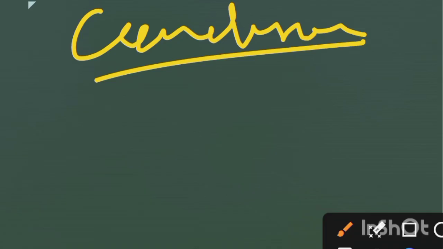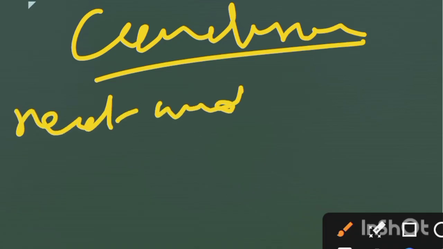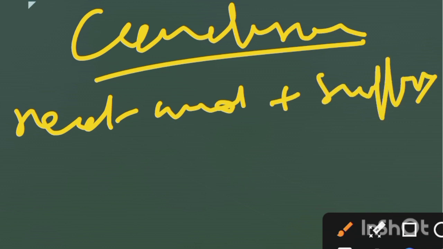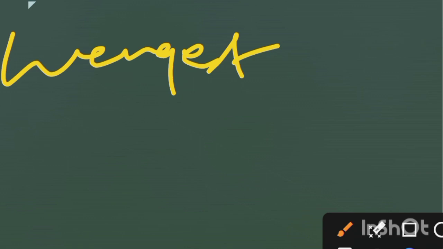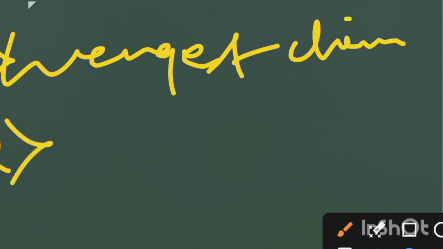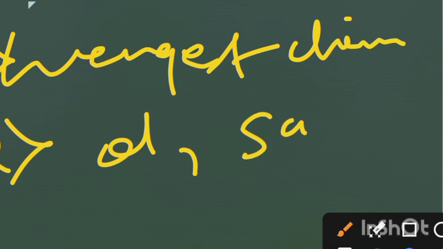That this root word, suffix and prefix are used for nomenclature. Now always determine the longest chain. And some functional groups are used as a prefix and some are used as a suffix. Suffix examples: ol, alcohol, aldehyde, carboxylic acid, and some are used as a prefix such as carboxy, OH, hydroxy.